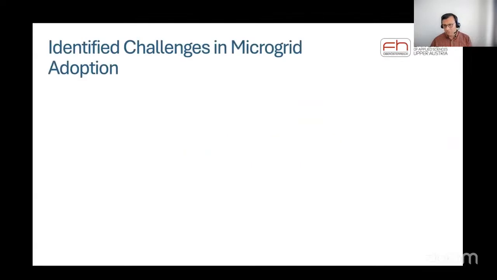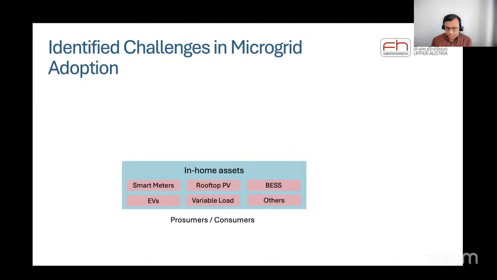But before going into the microgrid itself, when we say the integral part of the microgrid is the consumer and the prosumer, there are some in-home assets which have to be managed or communicated with. For example, the smart meters, rooftop PV solar panels, home storage systems, electric vehicles, variable loads, and some other aspects. Then there are existing big generation units, for example, the wind farm or a utility scale solar farm.